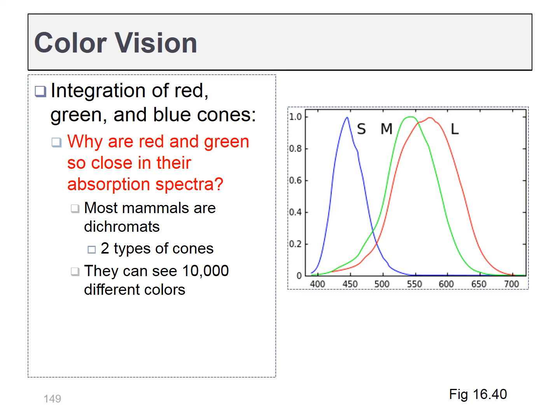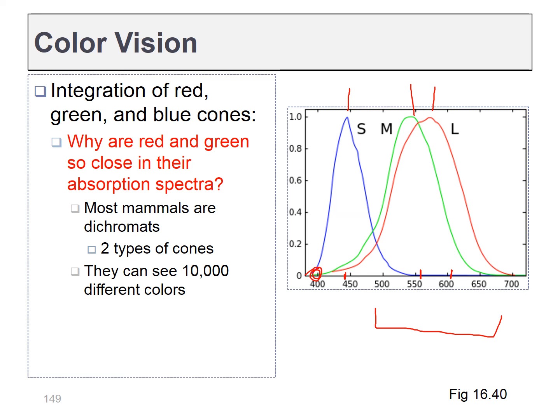Still, we need to answer the question, why these two types of cones here, the green and the red, that seem to overlap? What this image to the right shows are the different wavelengths of light that can stimulate the 3 different types of cones. And what we see is that there is some overlap. A blue cone and a green cone and a red cone are named because those are the wavelengths of light that are best at stimulating these different cones.